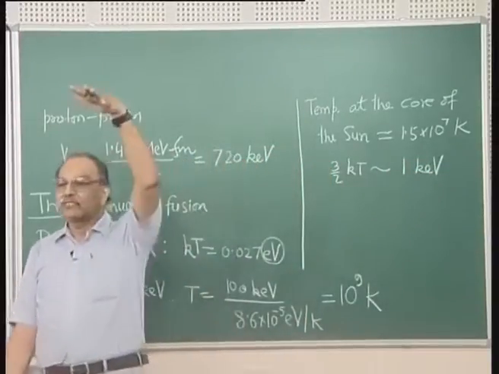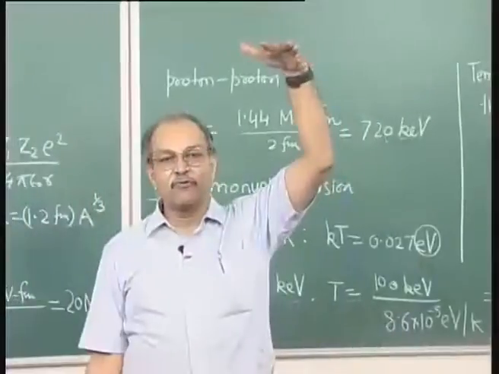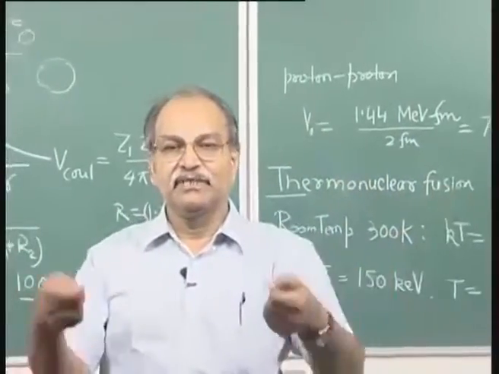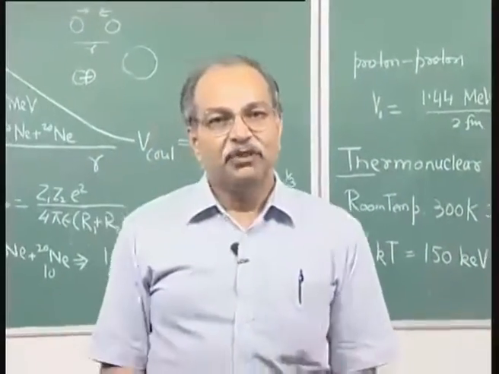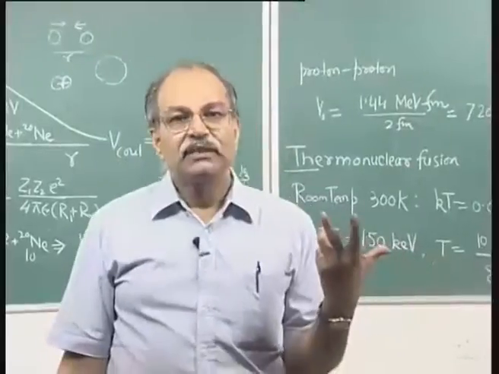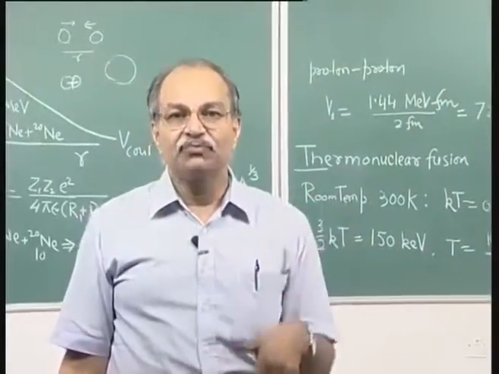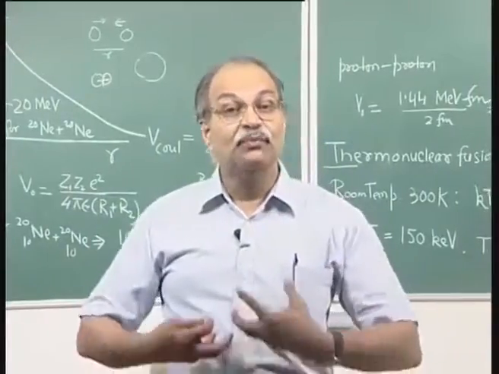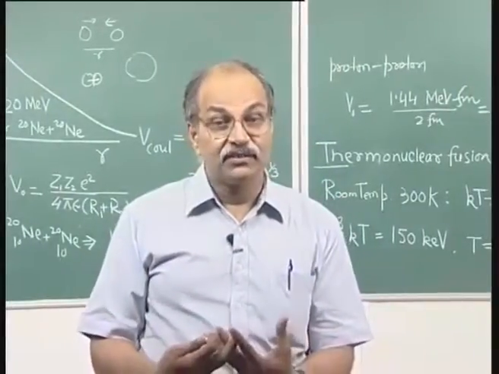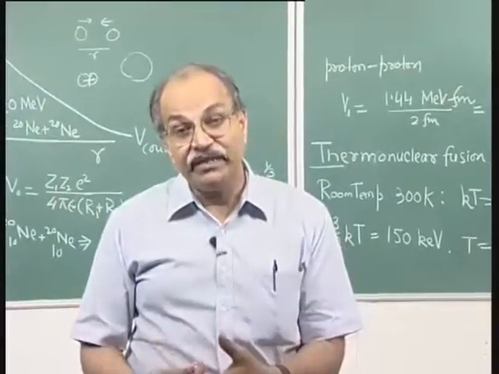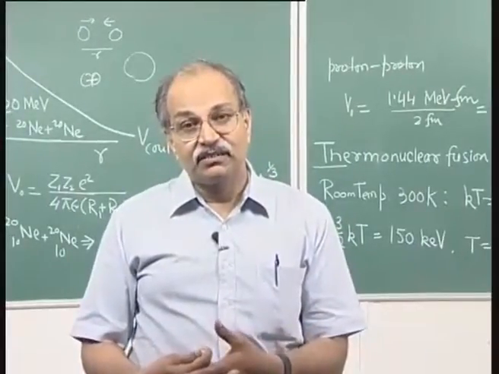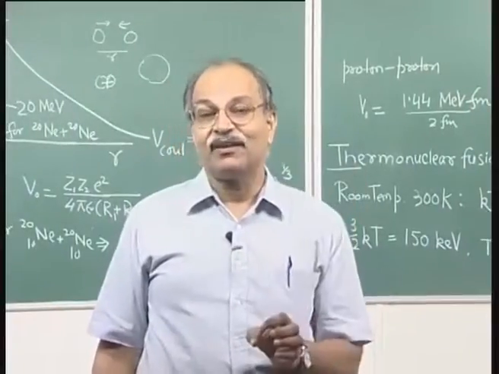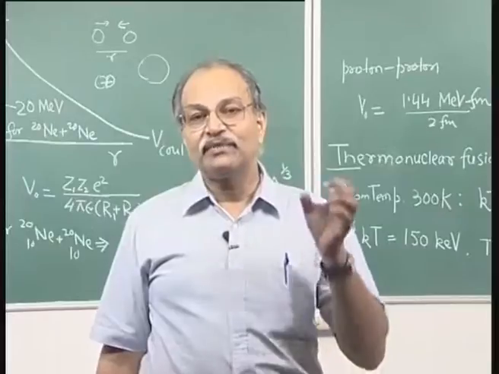So, compared to 720 kilo electron volts of Coulomb barrier, the kinetic energy of these protons which are coming will be around 1 or 2 kilo electron volts, very very small, but still the sun is able to produce so many fusion reactions, so many protons are combining and giving all this energy. That is because of the enormous density there.